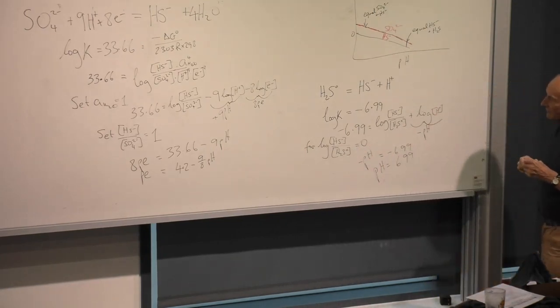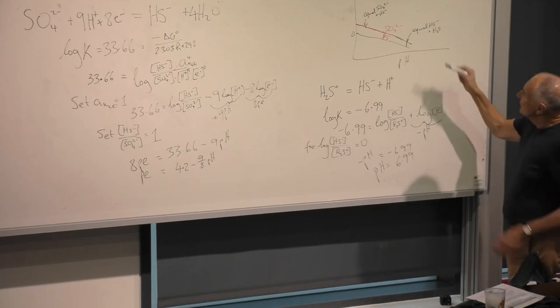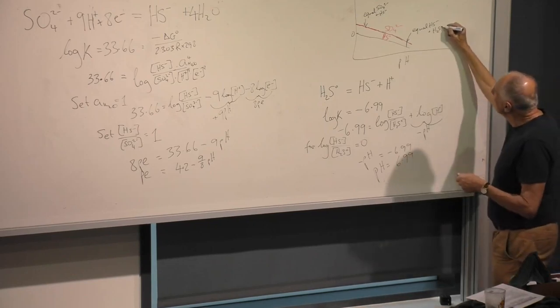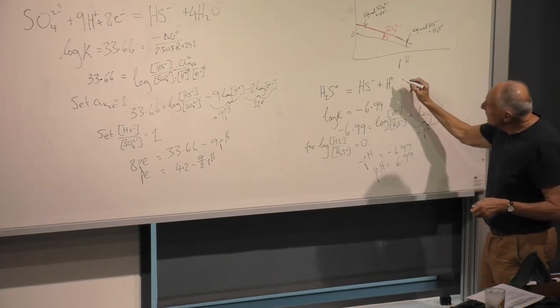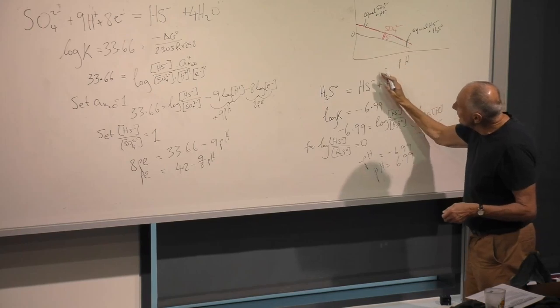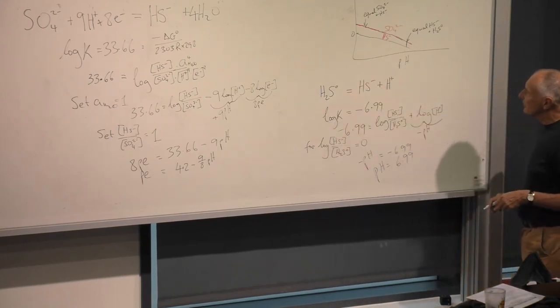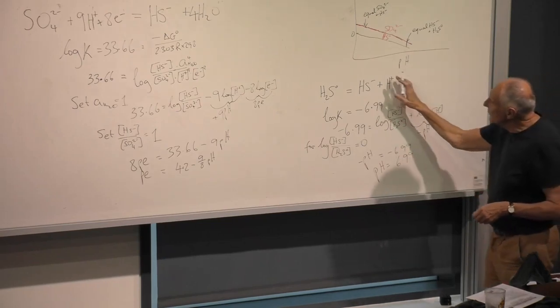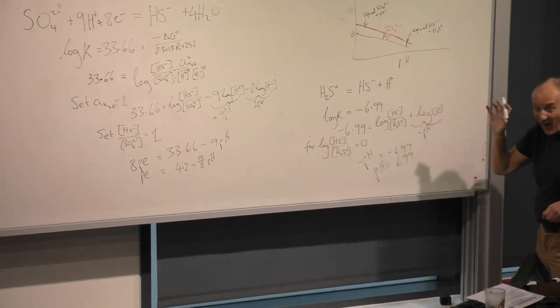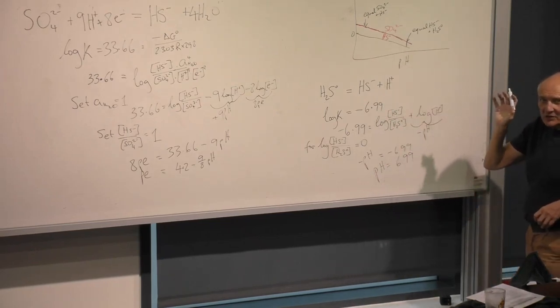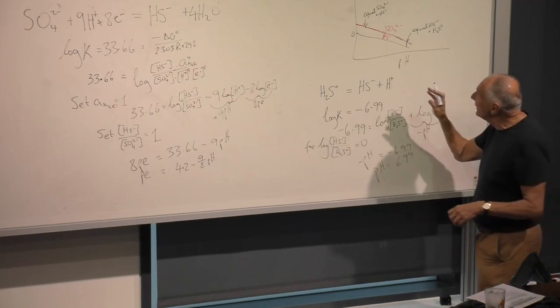So the same, the H2S is going to be stable. If we pump up the hydrogen ion concentration, we drive the reaction that way and we make H2S. So H2S is stable if hydrogen ion concentration is high. Hydrogen ion concentration high corresponds to low pH.